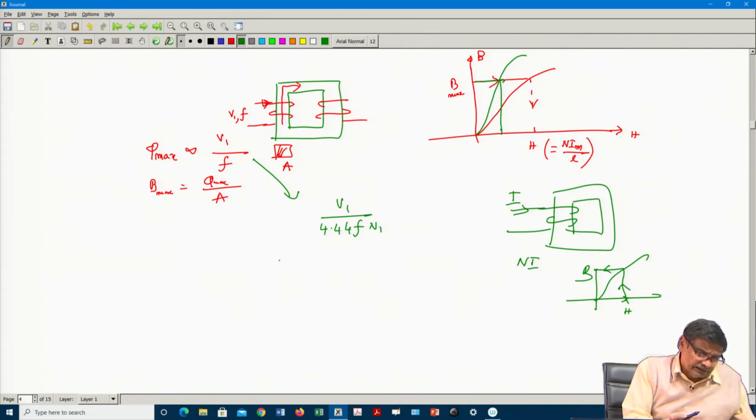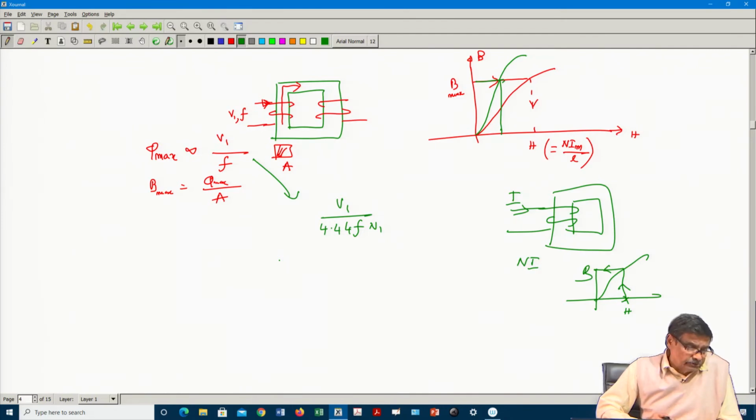You have also asked a pertinent question, which I will not avoid: why do I assume a BH curve in my initial lecture, not the BH loop which actually happens in a transformer? He is asking why not start with the BH loop while explaining this.